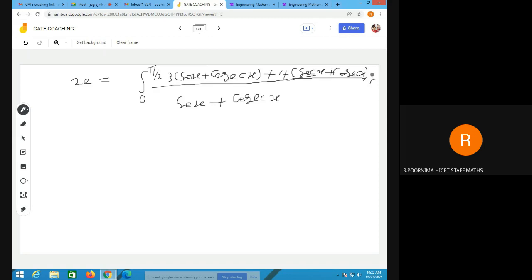Whole thing into dx. Now you can see secant x plus cosecant x is common, so we take it as a common term.